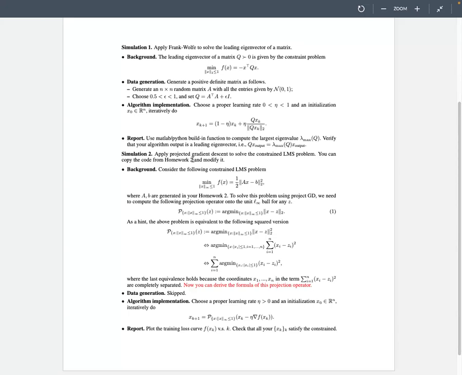So the only difference is that we are solving the same problem, but with such a constraint where we require the infinity norm of x is less than 1, which means the entry of x with the maximum magnitude should be less than 1.